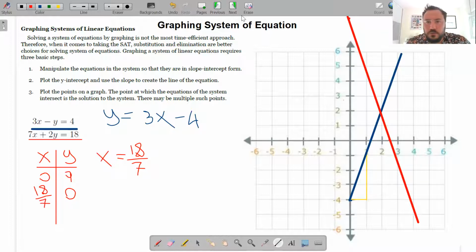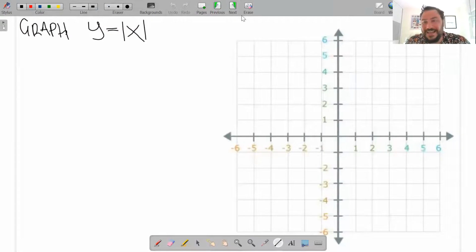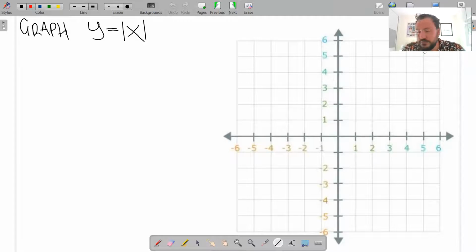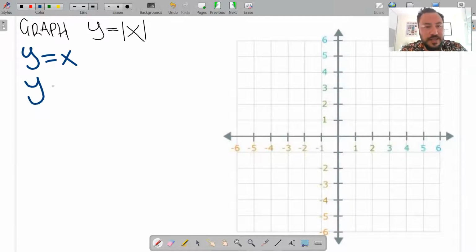Let's go to absolute value. How do we graph absolute value? To graph the absolute value, we need to consider the main rule of absolute value with the algebraic expression, which is the fact that when we take out the absolute value, we get two results, y equal to x and y equal to negative x.